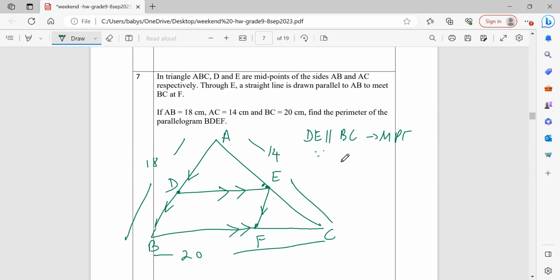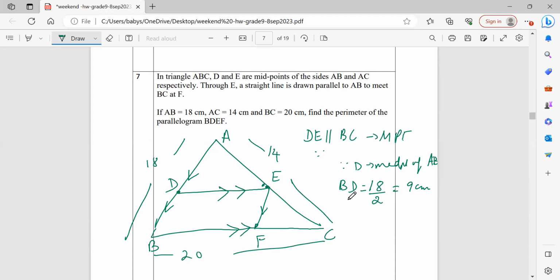So since D is midpoint of AB, I can say what? BD is equal to 18 by 2, which is 9 centimeters, half, no, midpoint.